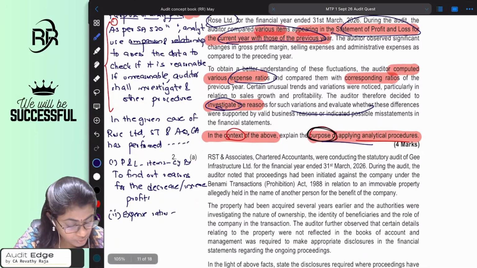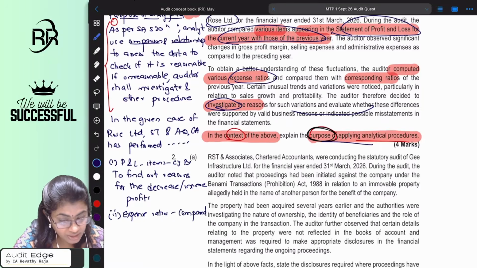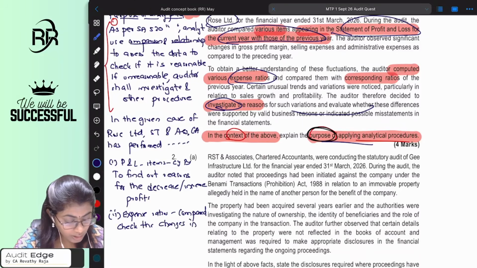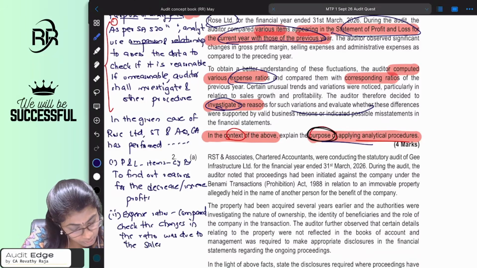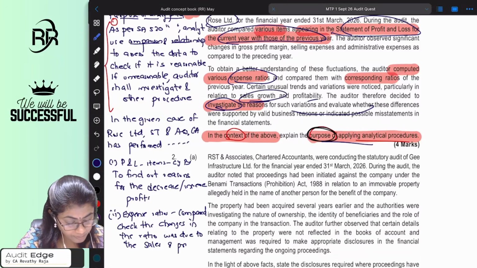The expense ratios were computed and compared to check if the changes in the ratio were due to sales growth and profitability, profits.